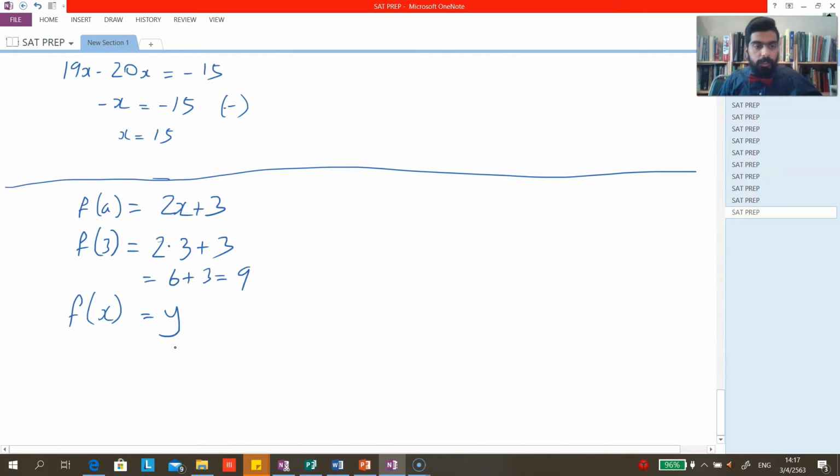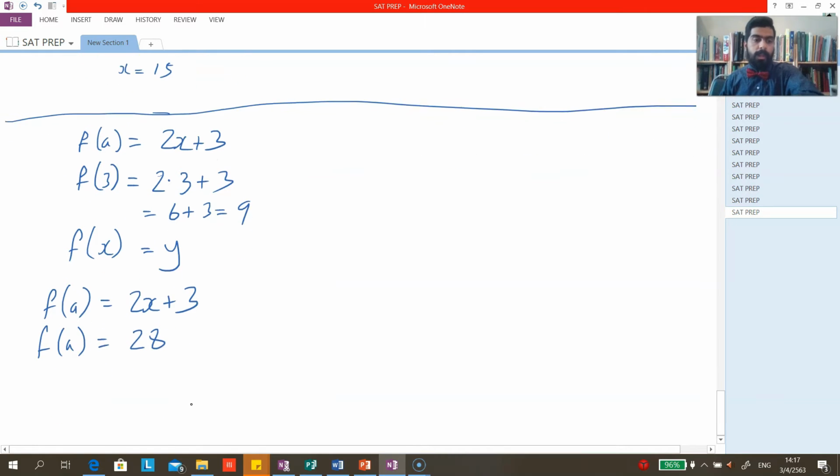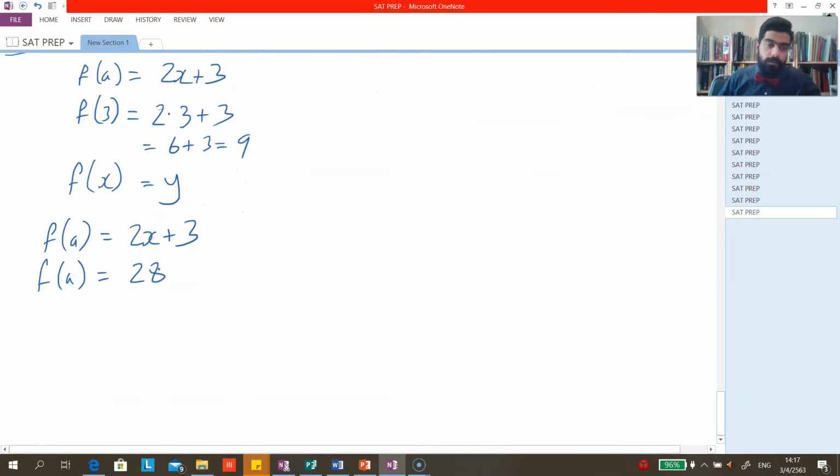So let's say using the same function, right guys? Let us say I have f of a is equal to 2x plus 3, and then we know that f of a is equal to 28. Let's say f of a is equal to 28, and they are telling us to find this value of x.